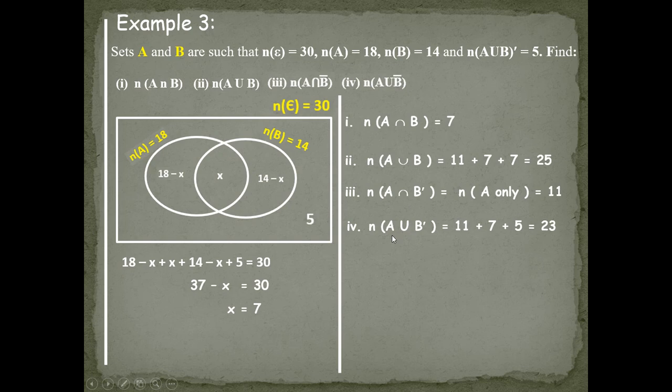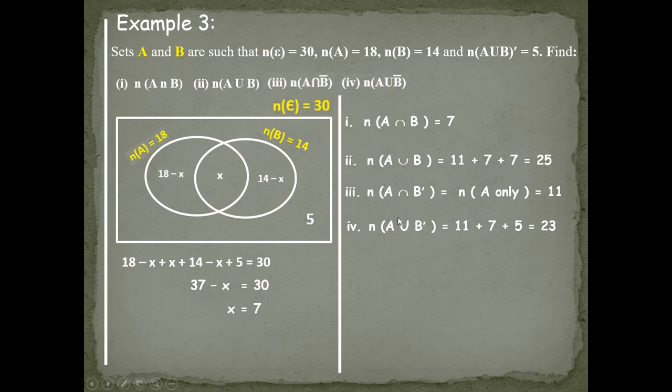Just go to your Venn diagram and shade set A. This is your set A. Shade the whole of set A. Now union outside set B, so you now shade B complement, that is outside set B. So you shade that whole region. So you realize that the elements you're ending up with are 11, 7, and then 5. That will give us the 23.